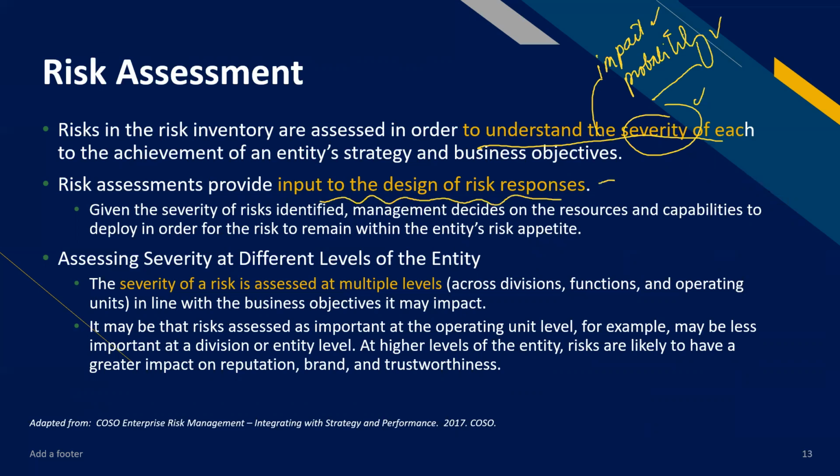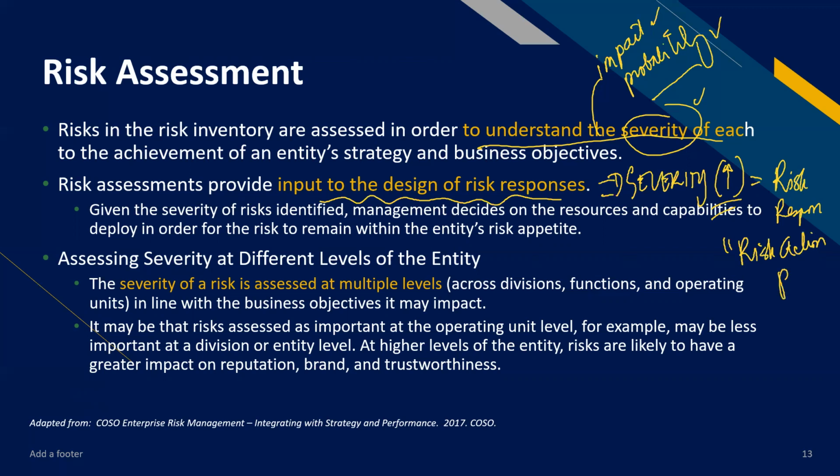Okay. Because usually, if severity is high, kung mataas ang severity, edi syempre concern ka sa risk na yan. Right? And so therefore, the risk response or sometimes called the risk action plans will be aligned with its severity. Okay?